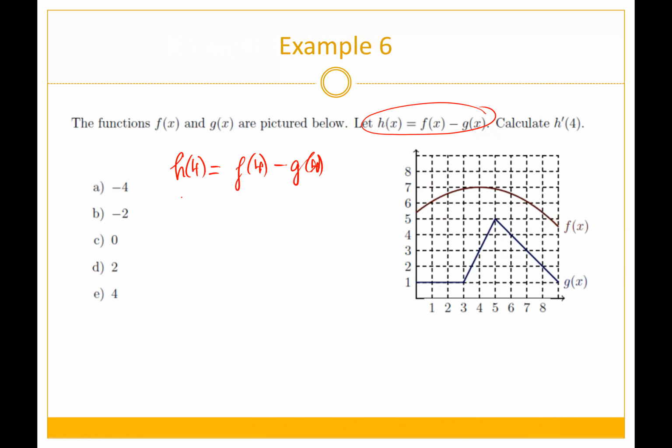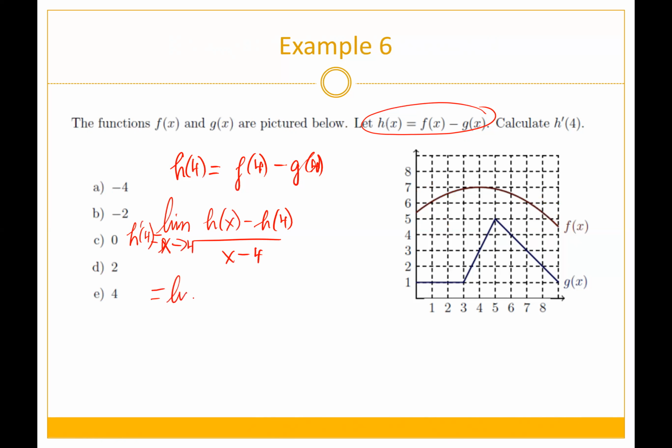So h prime of 4 is the limit of x approaching 4 of h(x) minus h(4), divided by x minus 4.